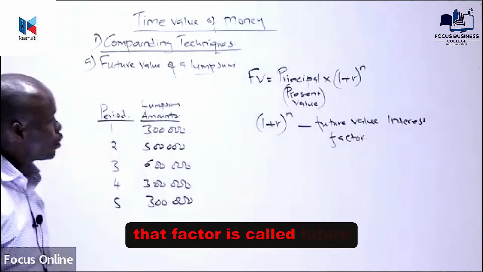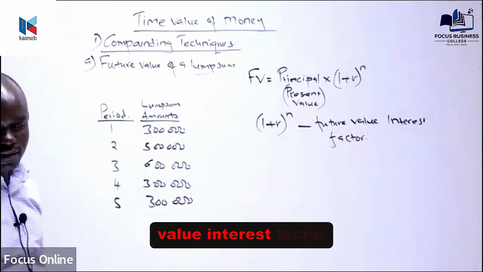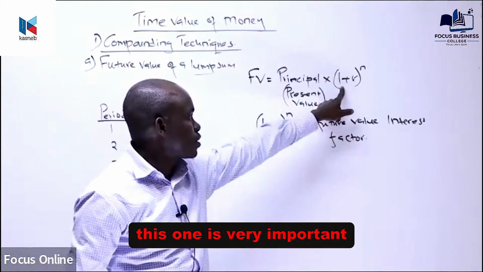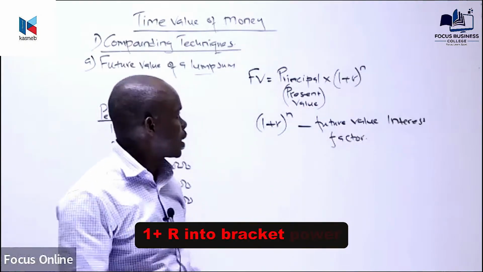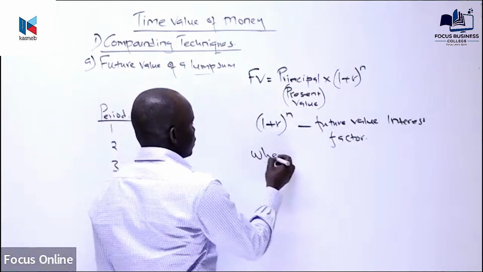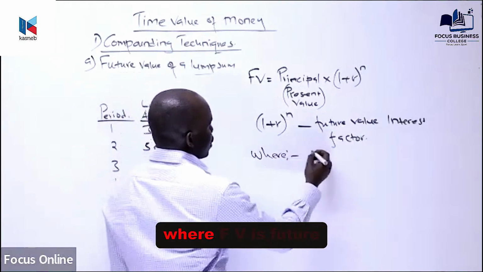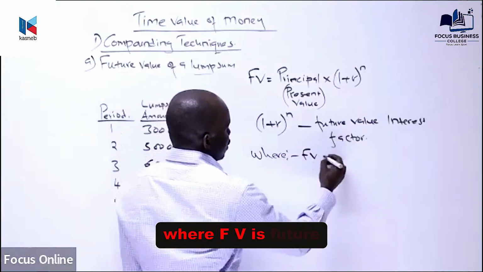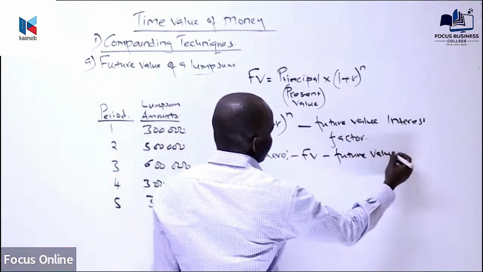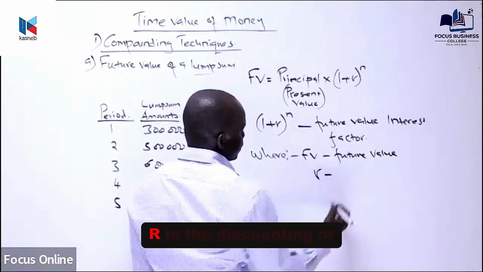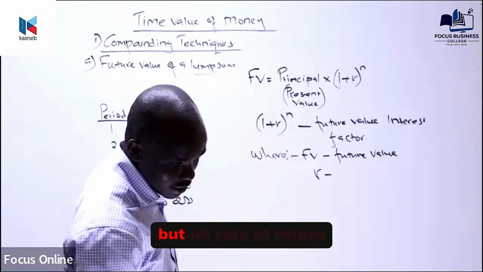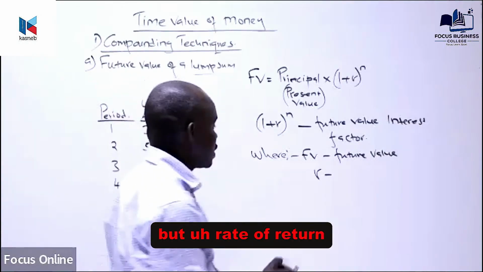That factor is called future value interest factor. This one is very important: 1 plus R in brackets power n. Where FV is future value, and R is the rate of return.